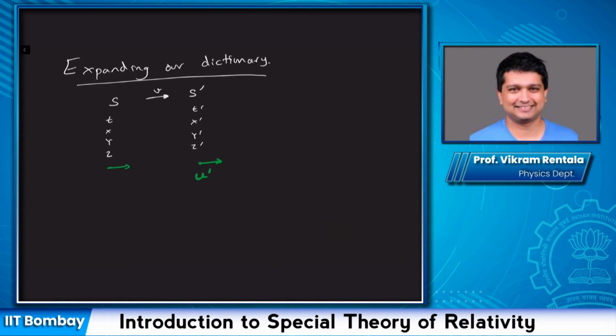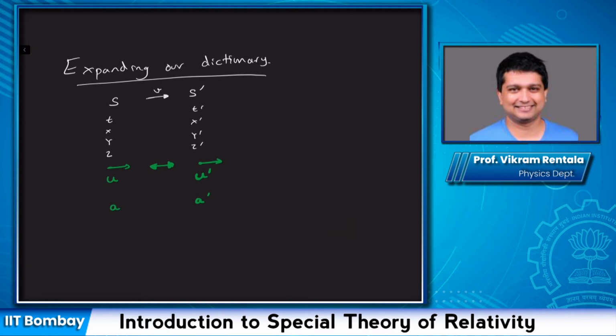So what is the velocity u prime as measured in the frame S? So what is the dictionary equivalent of u prime? And similarly, we'd like to know this for accelerations as well. If we have an acceleration in the frame S prime, what is the corresponding acceleration in the frame S?